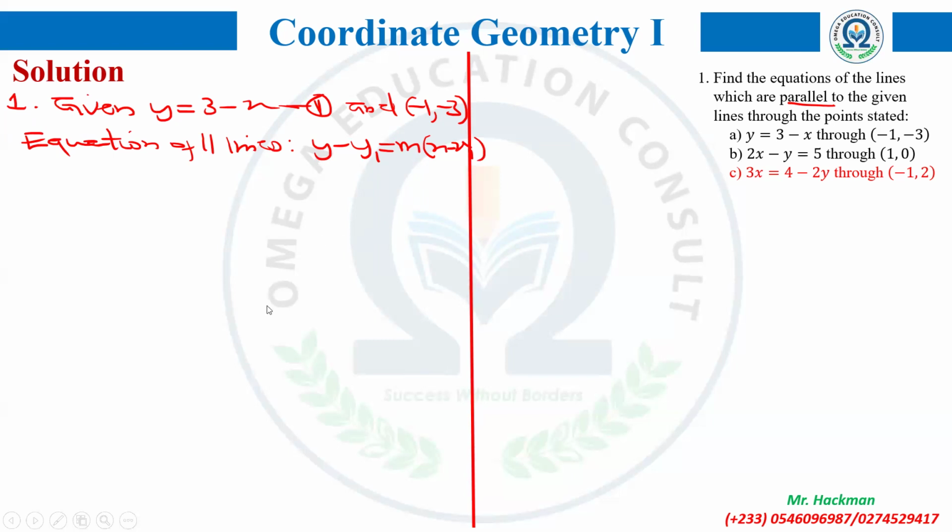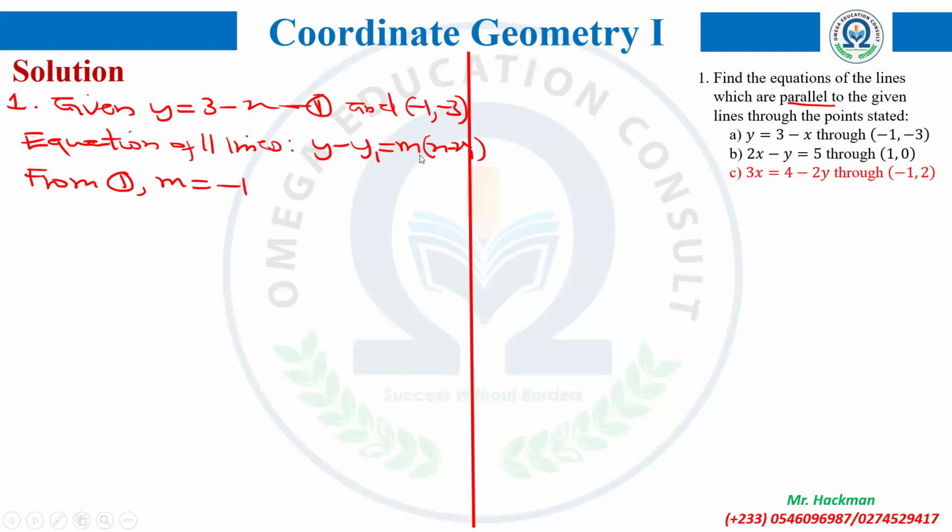Okay, so now what do we do? We need our m. So we are going to find m from this line. From equation 1, your m is equal to minus 1. The coefficient of x here is minus 1.